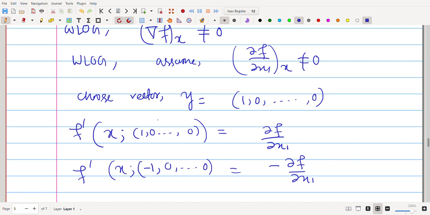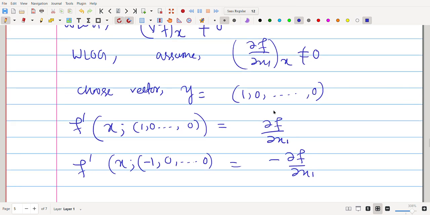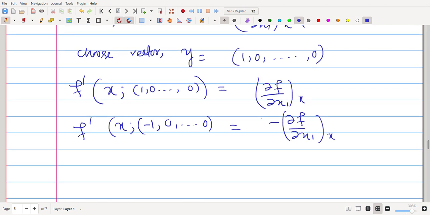Now since del f del x1 at x is non-zero, both of these cannot be greater than 0 together, right? Hence there doesn't exist any scalar field f.